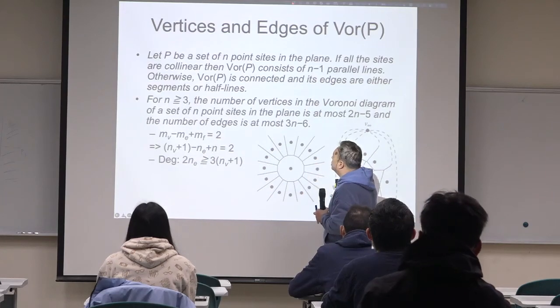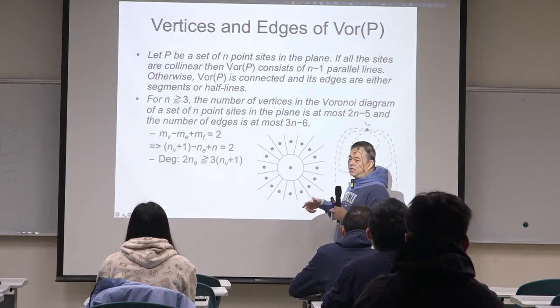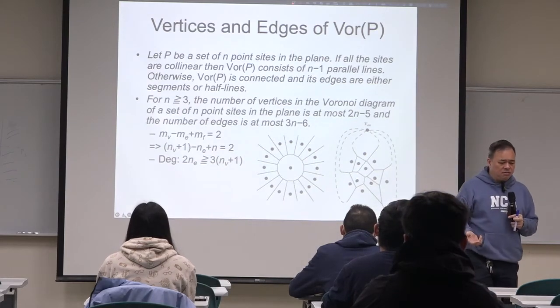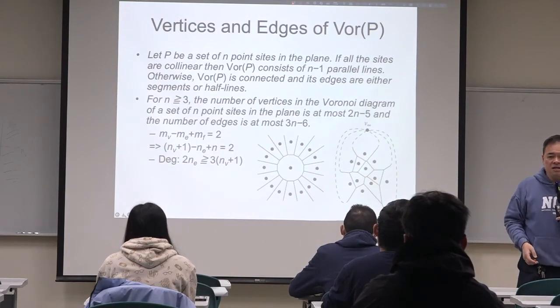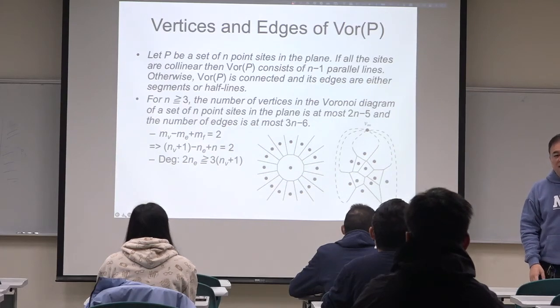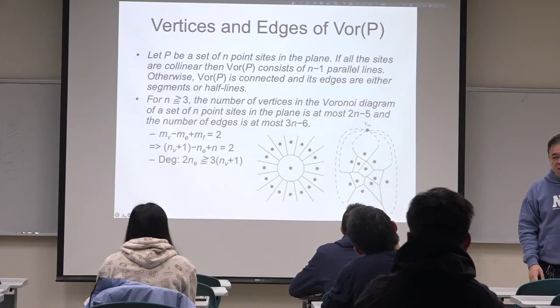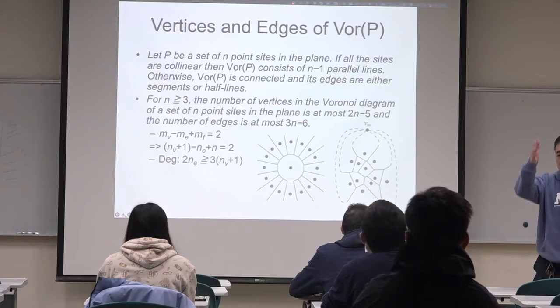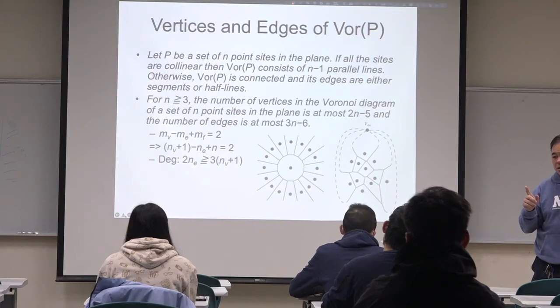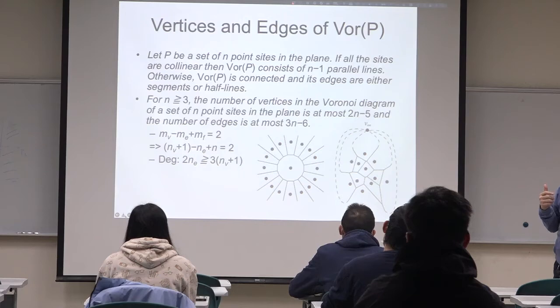They are half lines. So this observation, you may think, well, of course this is the case, but think about this. When the n sites are on the same line, the edges of the Voronoi diagram are straight lines, right? So it's different.